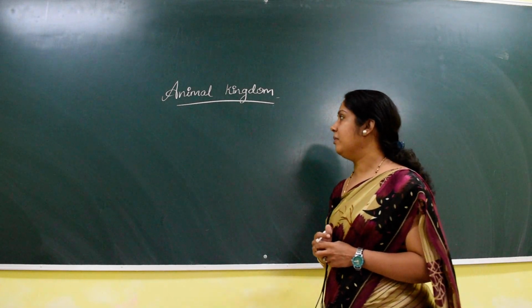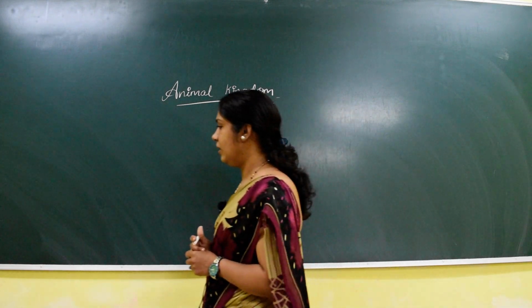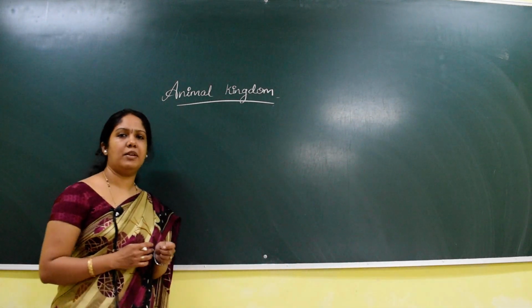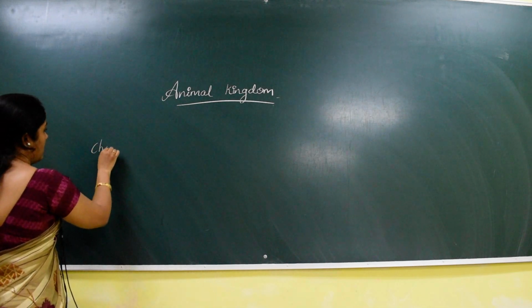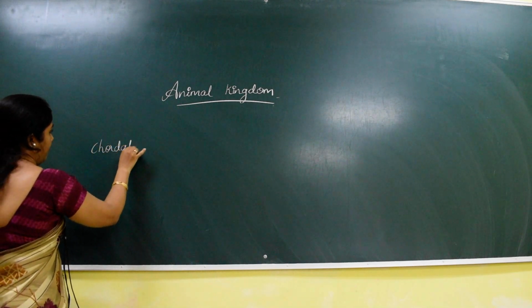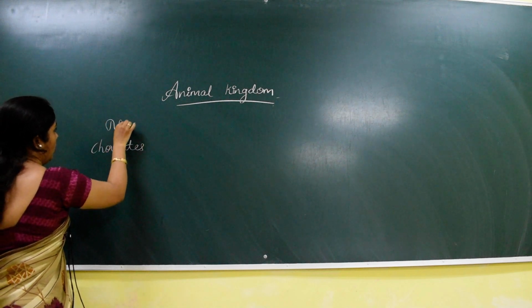The animal kingdom is mainly classified into 2 broad categories: chordates and non-chordates.